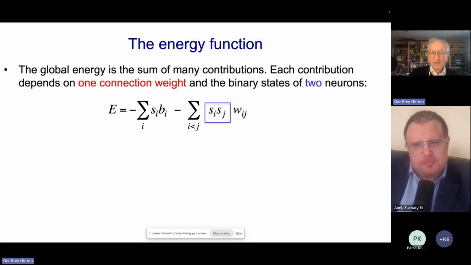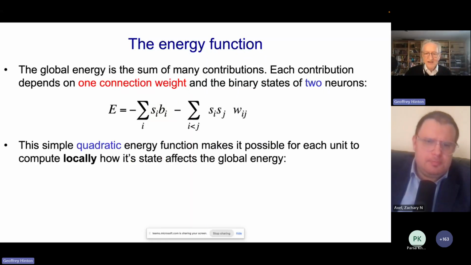And so that second term only comes into play if both of the neurons are on. And if both of the neurons are on, the weight between them contributes to the negative energy, or what I call the goodness. So a good state is one with lots of pairs of units on that have big positive weights between them. And we're ignoring the bias term for now.